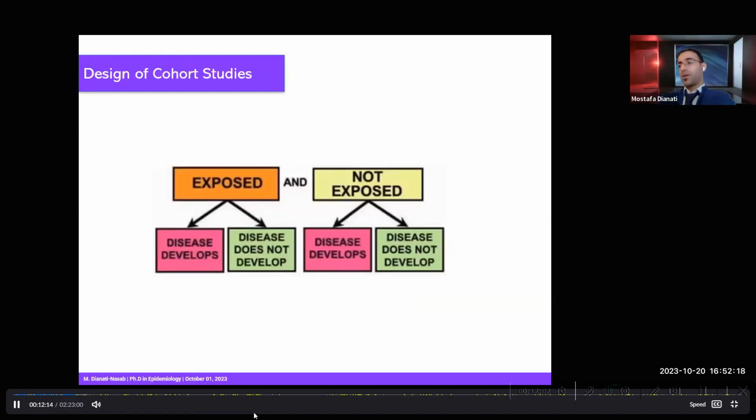So just to go through the design of cohort studies, basically we start with exposed and non-exposed individuals. And as you know, in the future, we will see if the disease developed or not developed in both groups, both exposed and non-exposed groups.